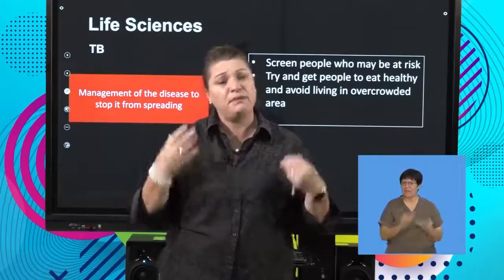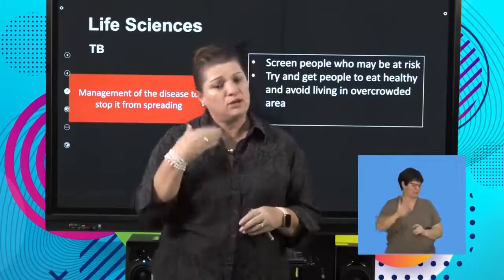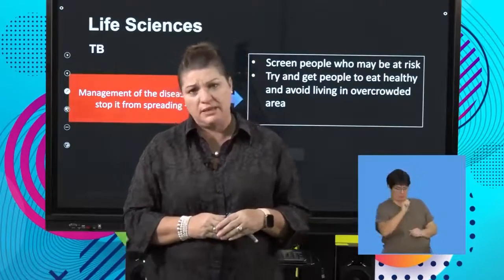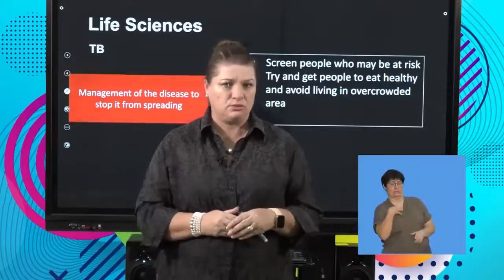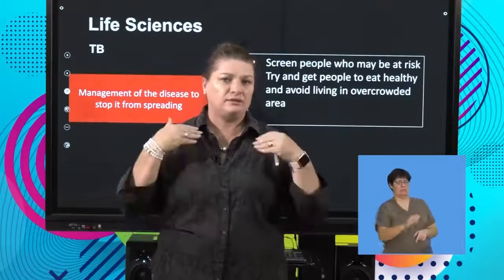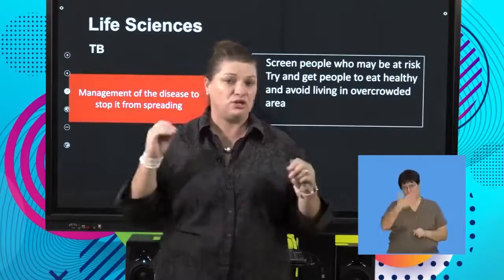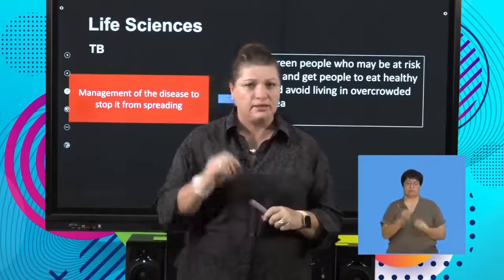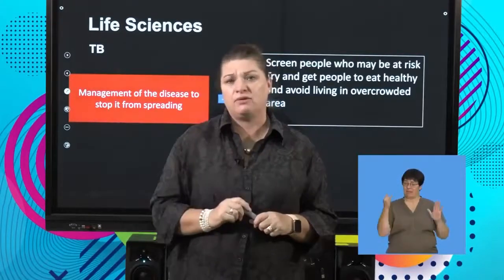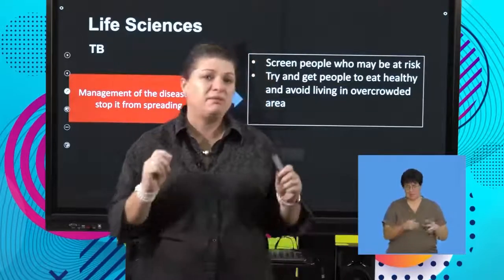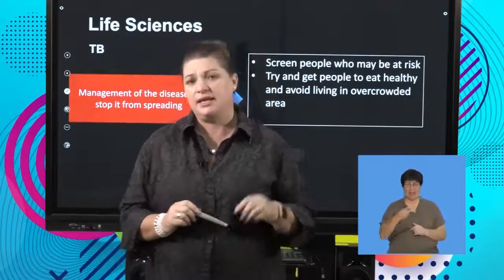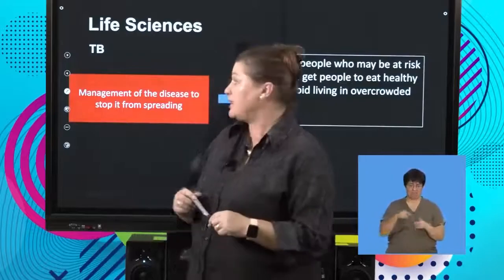And often people don't want to know. They don't want people to know that they have TB because of the stigma. And unfortunately, you need to know so that you can be treated. Big problem, big killer, a really big killer. It's probably the biggest killer, other than HIV and malaria, in our country.